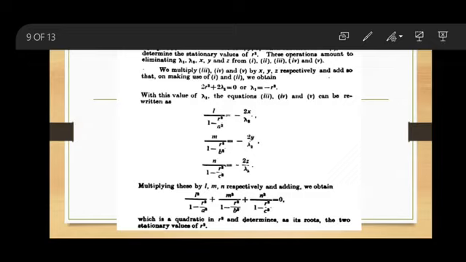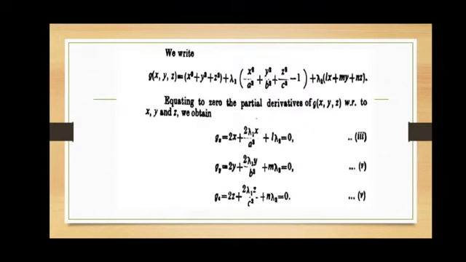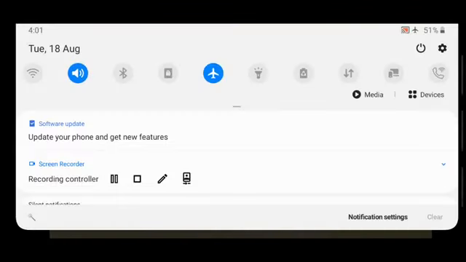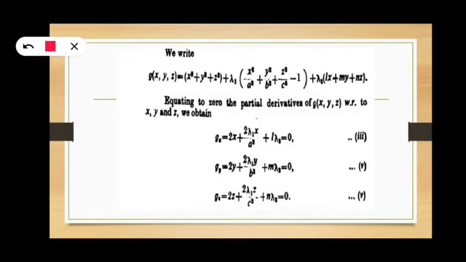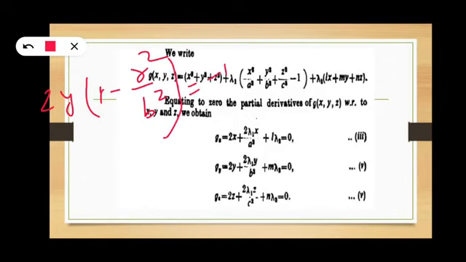Now if we see equation 4, here 2y will be taken common. So taking 2y common, we get 1 minus r square by b square is equal to minus m lambda 2.